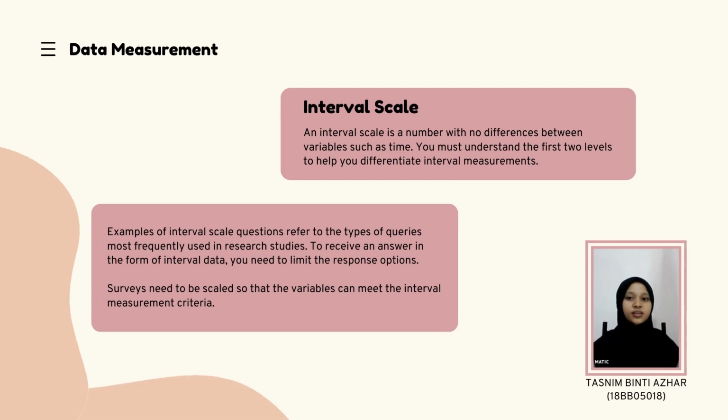Now is the interval scale. An interval scale is a number scale with equal differences between values, such as time. The interval scale is the third stage of measurement after the nominal scale and ordinal scale. We must understand the first two levels to help us differentiate interval measurement.